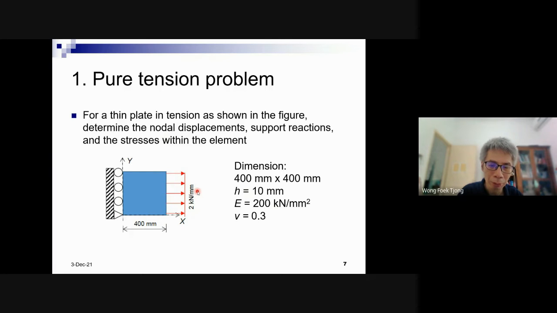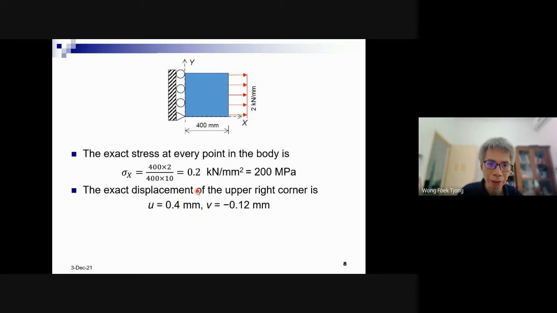Well, how to solve? It's good if we can solve using exact solutions. Before performing finite elements, we determine the exact solution first, okay? So we know that the exact stress is just the force, which is 2 times 400, right? Divided by the area. Area of what?